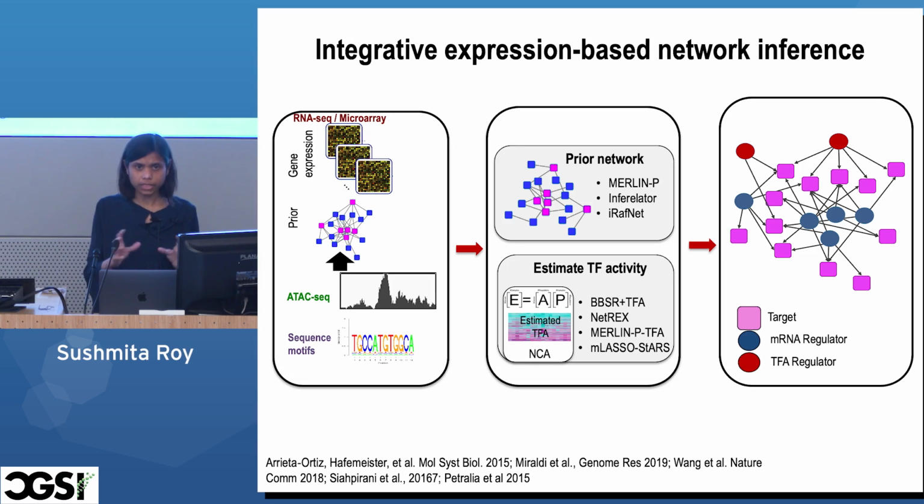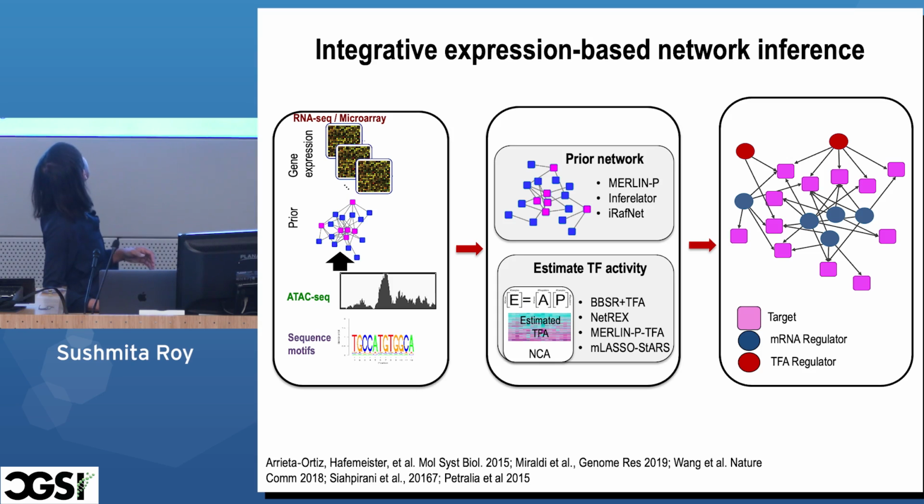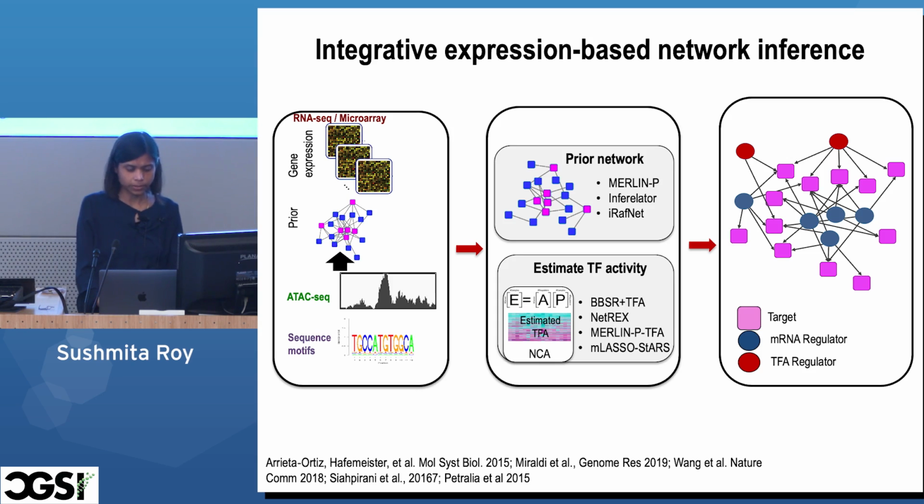In the general area of bulk omic data types, I would say that methods for integrative expression-based network inference can be grouped into two main categories. In addition to gene expression, they use additional sources of data such as accessibility or histone modifications to inform the structure of the network, and they do this by putting in a prior.